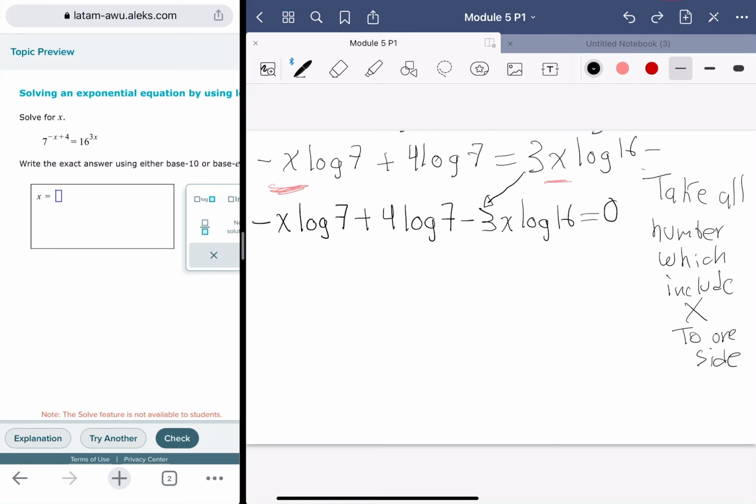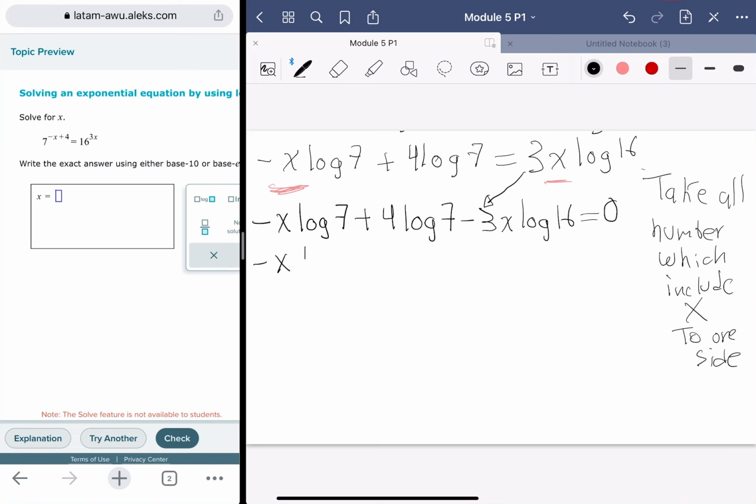All I did is take to the left side the terms that have x in it. Now I want to move to the right side the term that does not have an x in it, which in this case is only this one. So I'm going to move that term to the right side. It should look something like this.